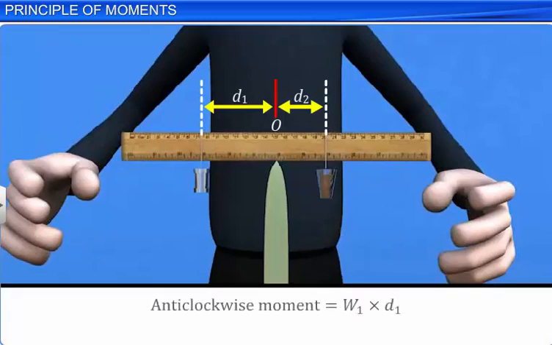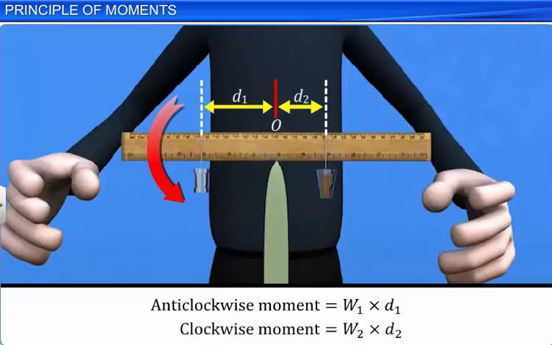Now, W1 into D1 gives the anti-clockwise moment, and W2 into D2 the clockwise moment about point O. Now the values of the variables W1, W2, D1 and D2 are tabulated.